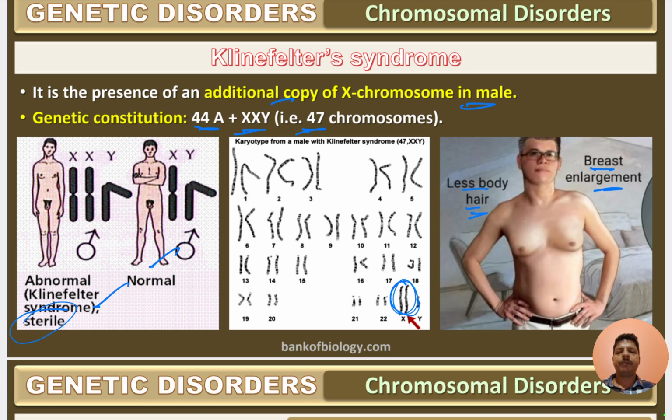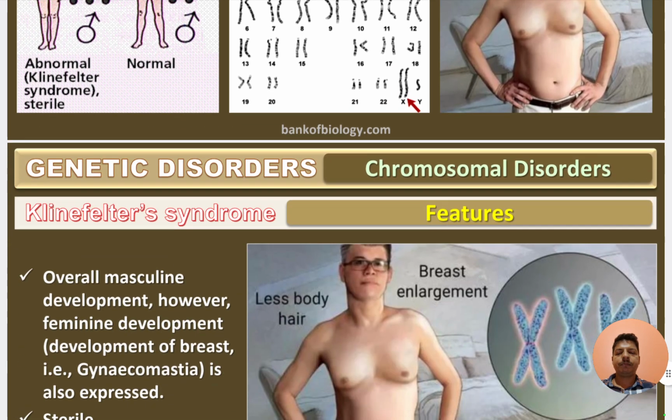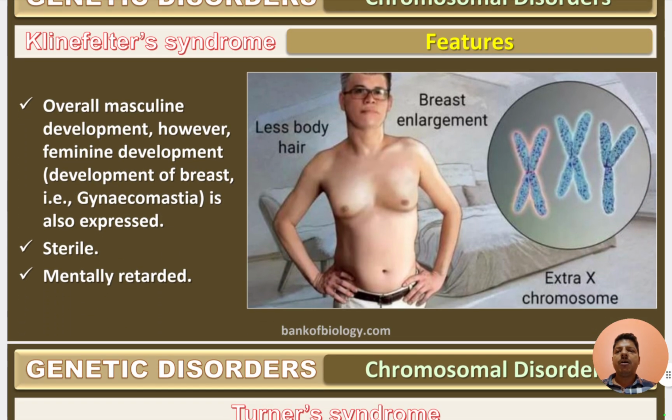Here you can see body height and breast enlargement. Features: overall masculine development, however feminine development, that is development of breast, also called gynecomastia, is also expressed, and they are sterile and mentally retarded.